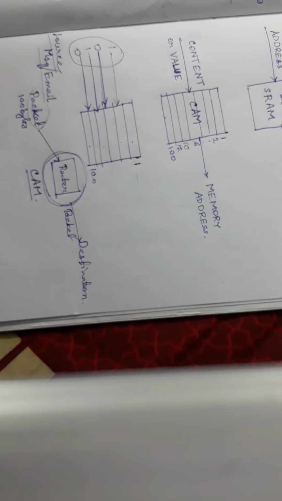When we send our data as input to the CAM, it will find the first empty location, and wherever it finds an empty location, the data gets stored. So we don't need to send any specific address to the CAM to store that data. This is a very important point regarding CAM.